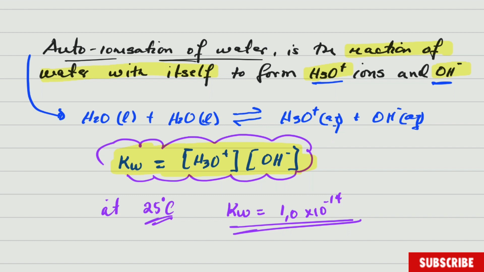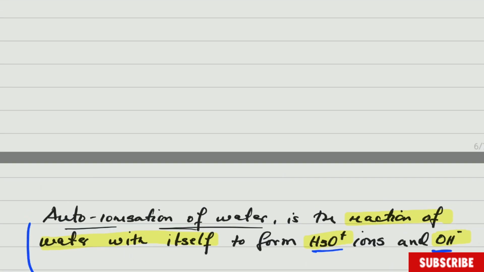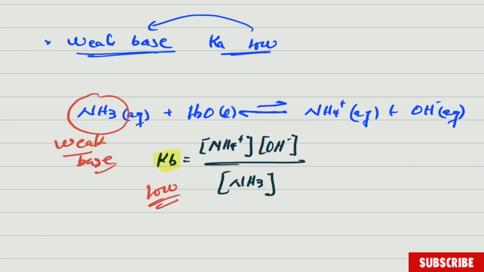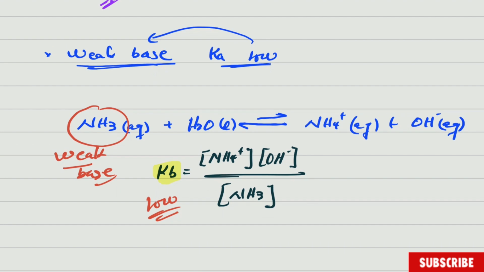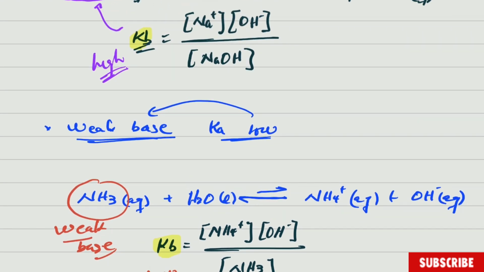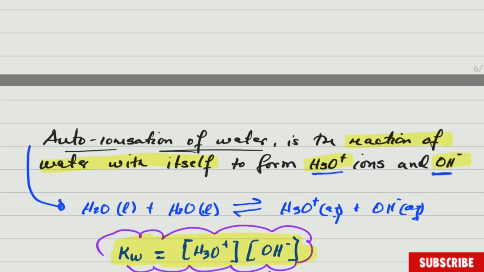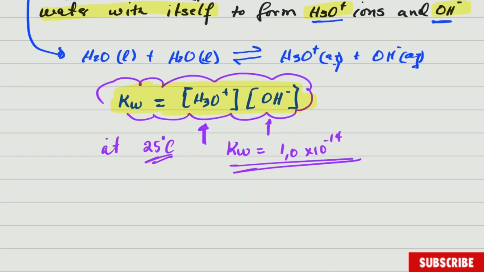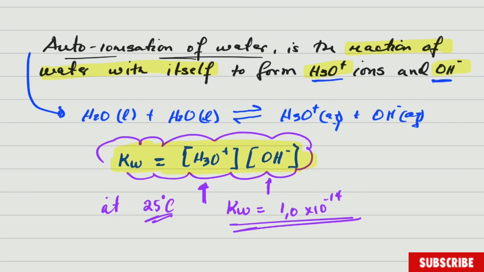It is going to be given to you, because using this one, we can calculate either the concentration of H3O+ or the concentration of OH-. Now, what we said previously is that you will not be asked to calculate Kb or Ka, but you will have to use the Kw. You won't have to calculate it because it's going to be given, but you will have to use it because you will need these ions later on in further calculations.